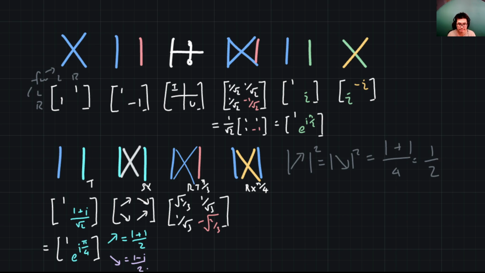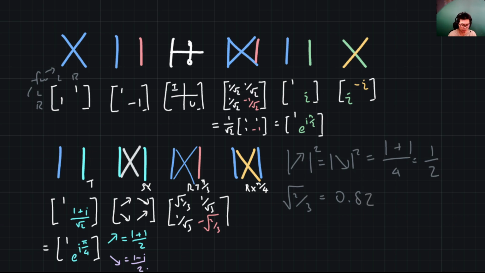The square root of 2 over 3 would be, in this case, 0.8182.